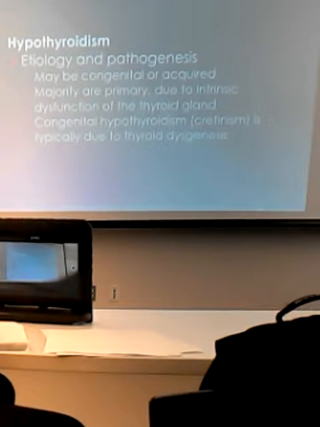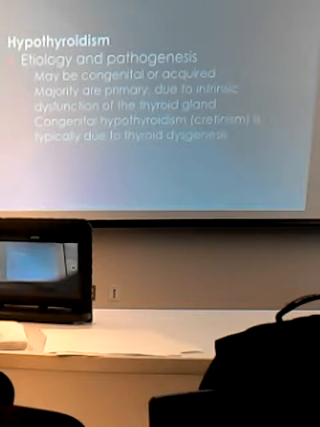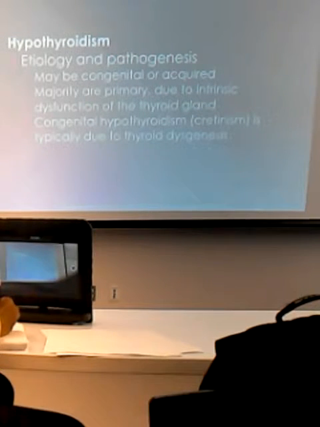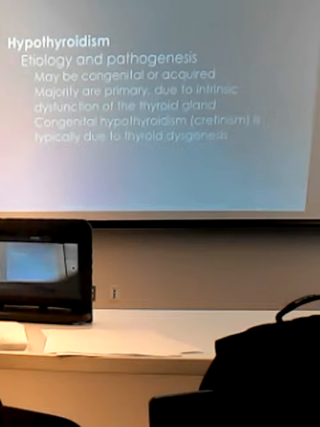Hypothyroidism, okay? The majority of them are primary. What does that mean? The problem's in the thyroid gland, okay? If there is a congenital hypothyroidism, that child, in all likelihood, won't make it to adulthood. And for however long they're on planet Earth, they are profoundly compromised mentally, behaviorally, physically, in every way.